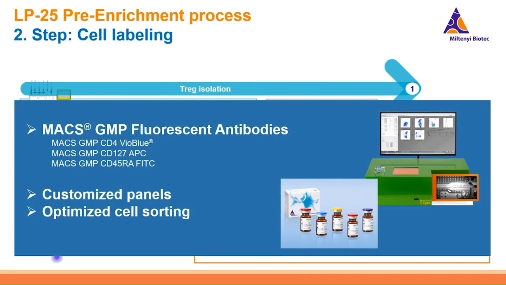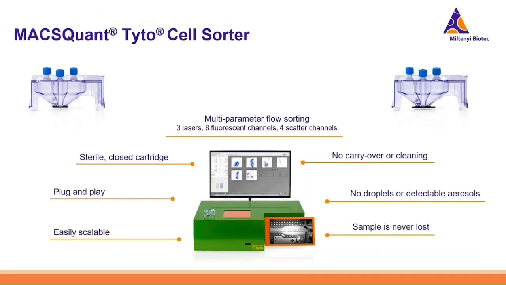So now let's have a closer look at the MACSQuantify Cell Sorter. This is a multi-parameter flow sorting device. It has 3 lasers and 8 fluorescence channels and the scatter channels. Everything is really happening in a closed cartridge that you see on the top here on this slide. Everything is sterile. The system is an easy plug and play system, and it's also easily scalable.